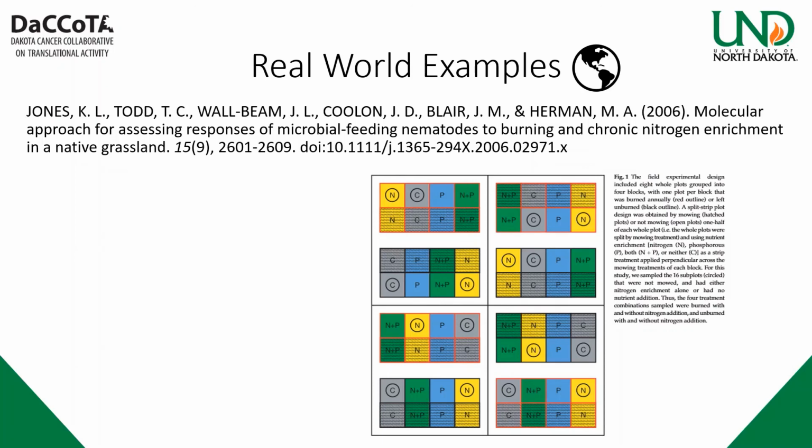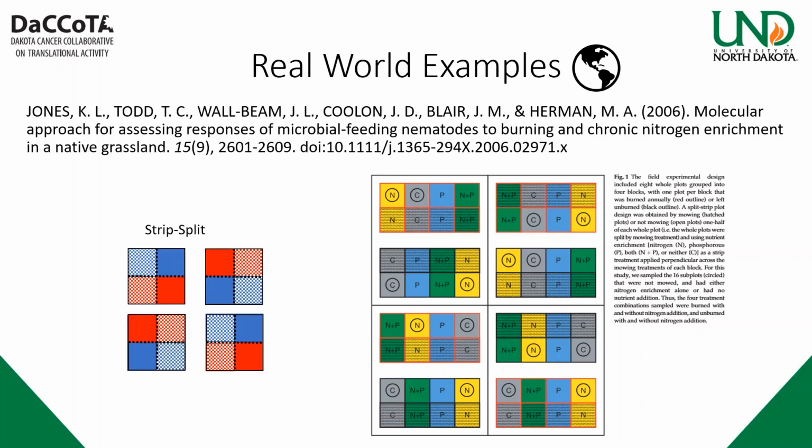This is an example from ecology. It's on microbial feeding nematodes. This is a great example of more complicated random variables. This is actually what's called a strip split plot. They have 4 different treatments: nitrogen, carbon, phosphorus, and a combination of the 2.